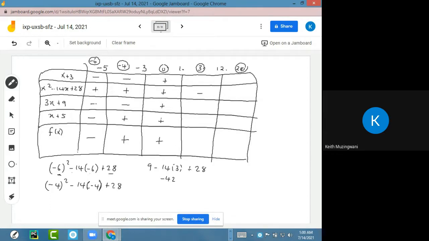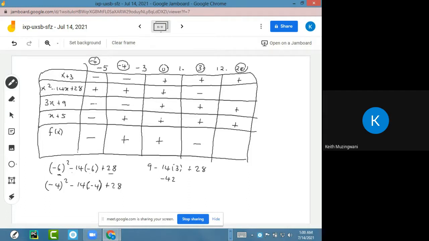Then 3 plus 3, positive here, and this will be +2, positive, so we'll get a negative number. Then 20, that will be positive. This will be positive. This will be positive.